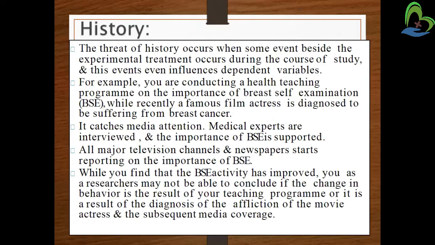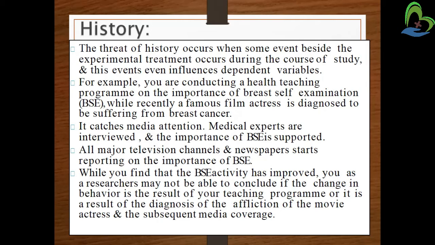Just have a look. The threat of history occurs when some event besides the experimental treatment occurs during the course of the study. This event can influence the dependent variable. For example, we are conducting a health teaching program on the importance of breast self-examination, while recently a famous film actress is diagnosed with breast cancer and it catches the media's attention. Medical experts are interviewed, and the importance of BSE is supported.